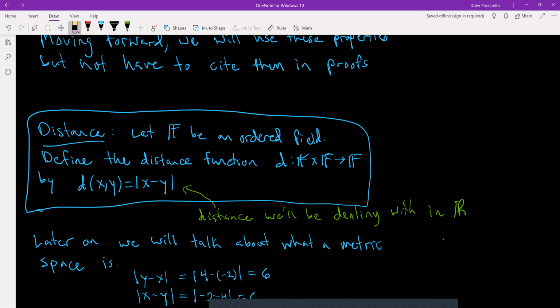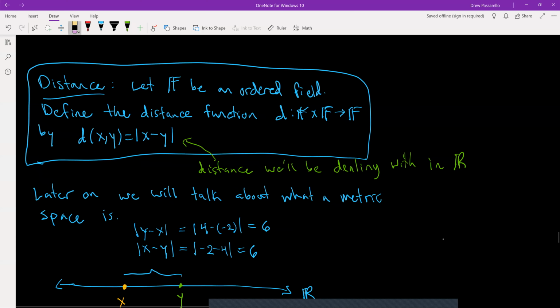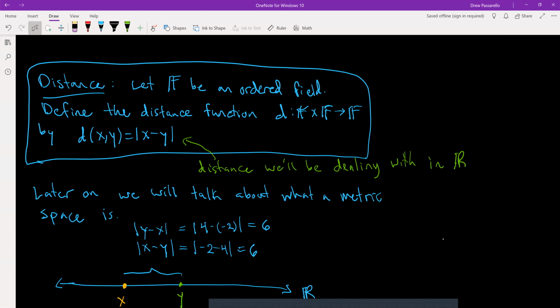For now, later on we'll be talking a little bit about what a metric space is. So for our purposes right now, we're just going to think of the distance function as the absolute value of the difference between two values, two points.